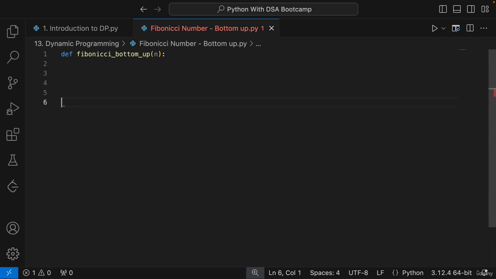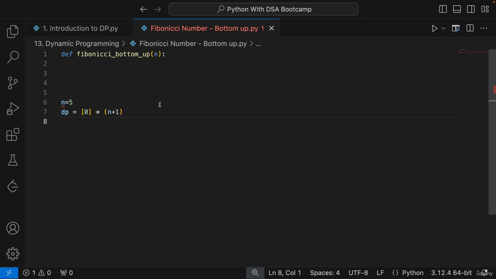So this time, I normally use the name dp, which is 0 into n plus 1. Whenever I'm writing this bottom up solution, I use the name dp. And for a memoization solution, I use memo as the array name. Just something to remember. There is no hard and fast rule for that.